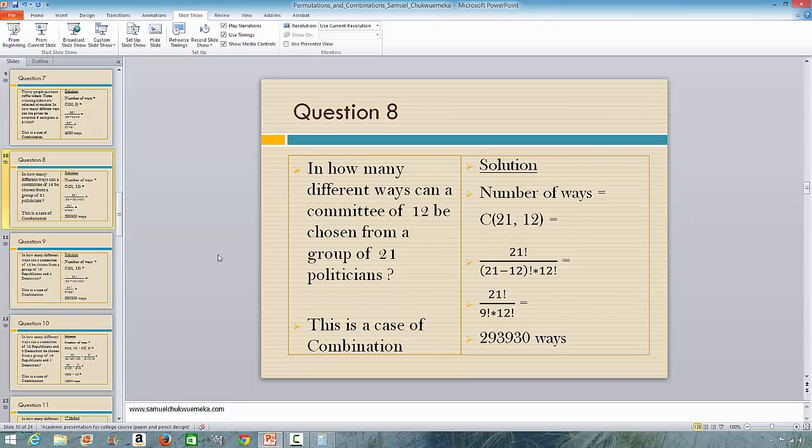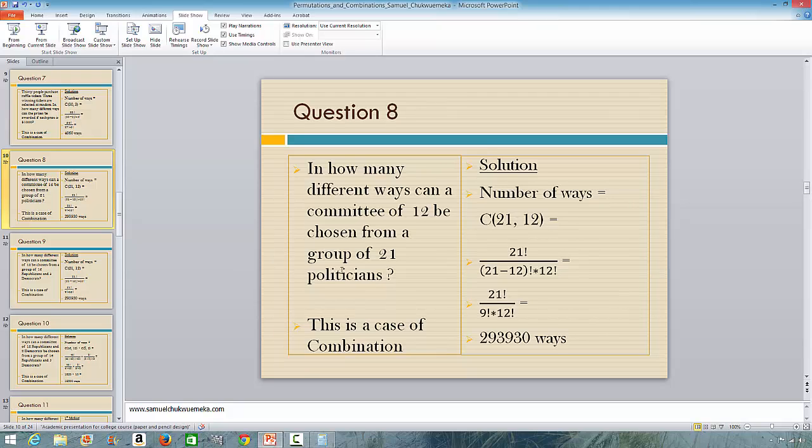Question 8. In how many different ways can a committee of 12 be chosen from a group of 21 politicians? This is a case of combination. Your 21 choose 12.